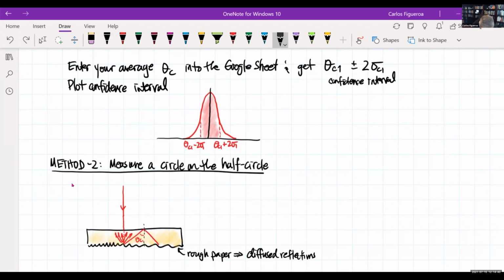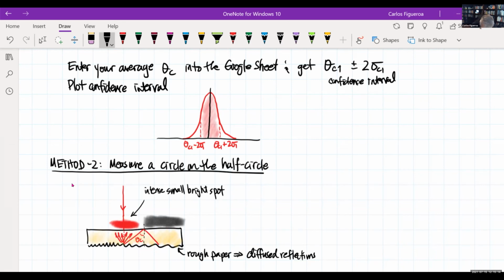You're going to see a dark spot in your circle. So you're going to see an intense, small, bright spot in the middle, and that's the laser, and that's because it's less than the critical angle.